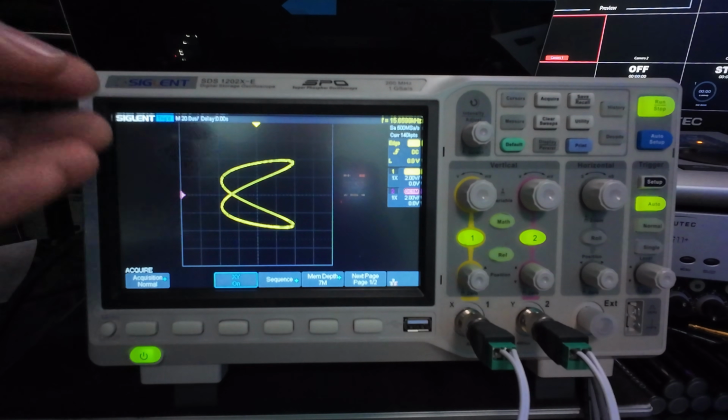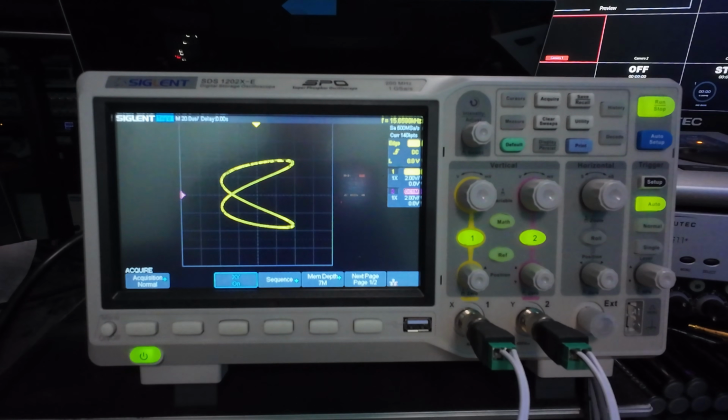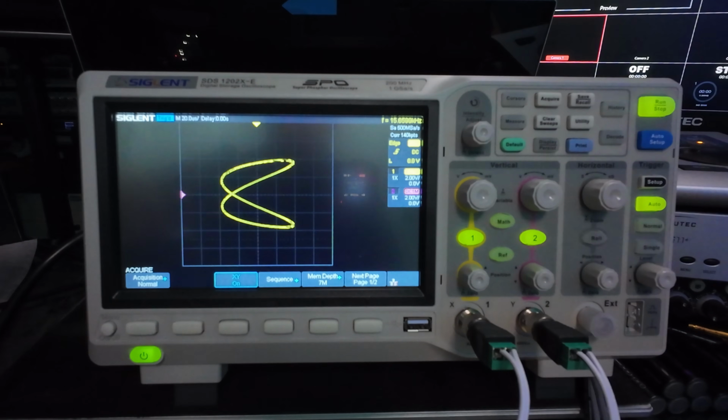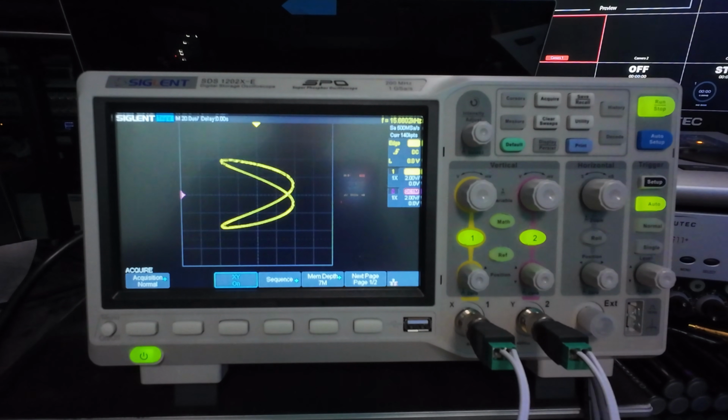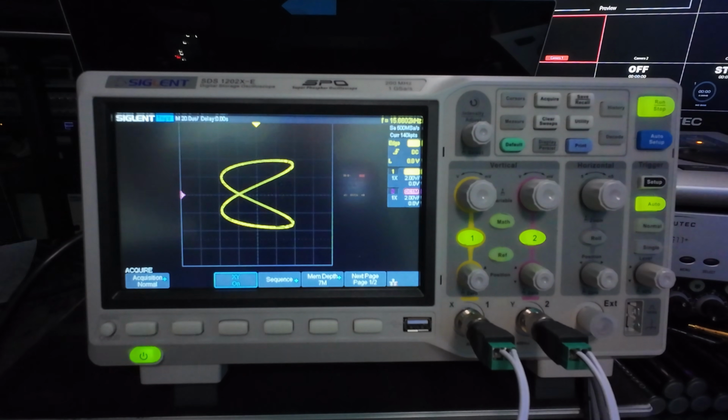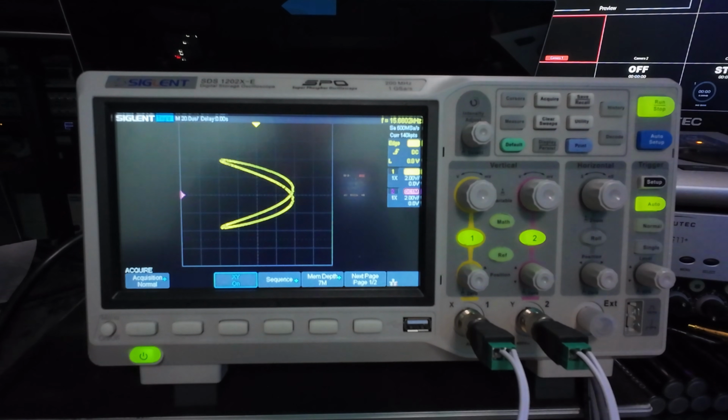This is how it looks when we have a perfect octave. But let's imagine this octave has a frequency a little higher. And voila, we have this.